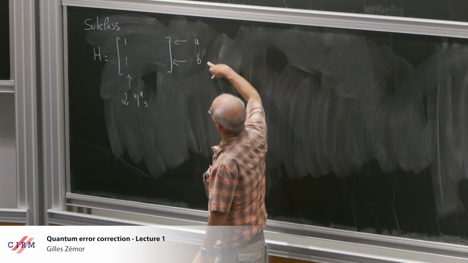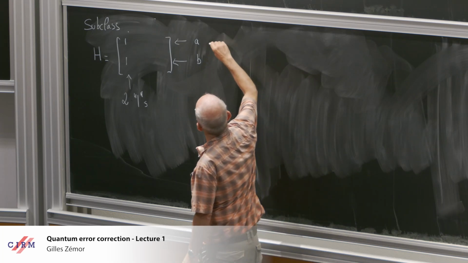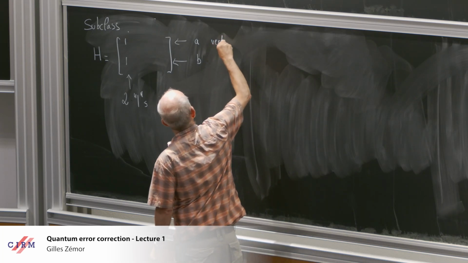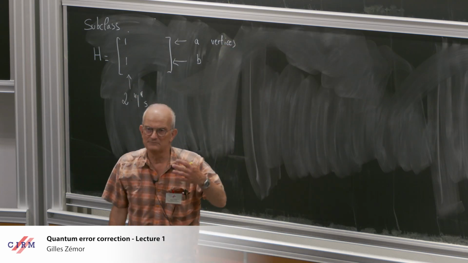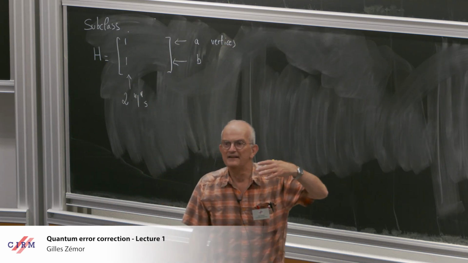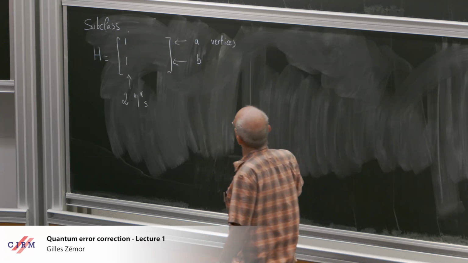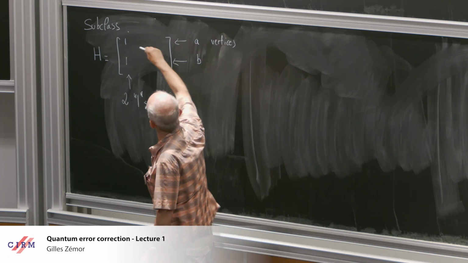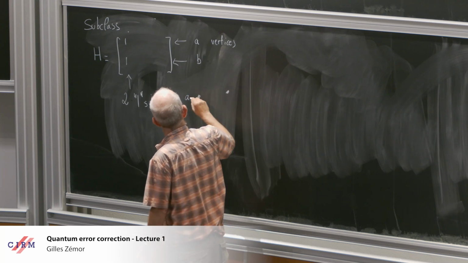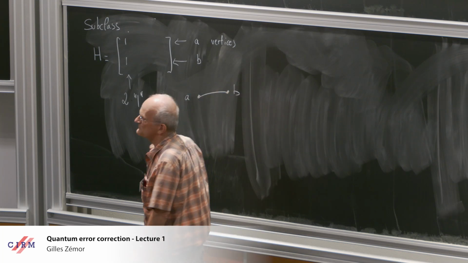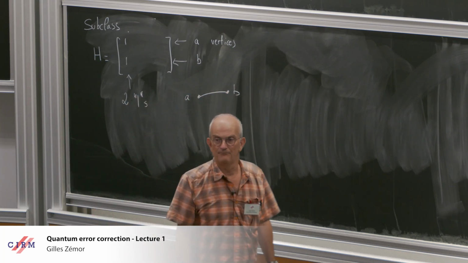You will call all the rows of the matrix vertices, and you realize that a column, what does it tell you? It tells you that there's an edge between 2 vertices. If you have ones in positions A, B, you will draw an edge between A and B and define a graph.